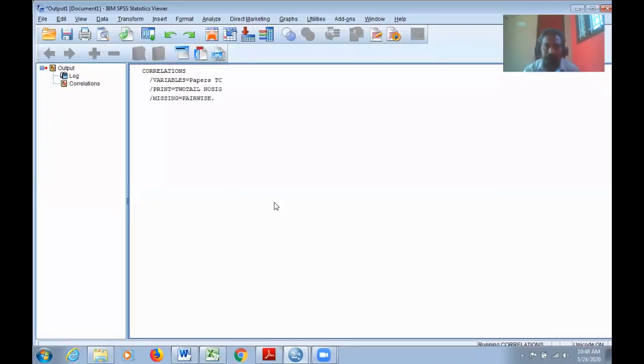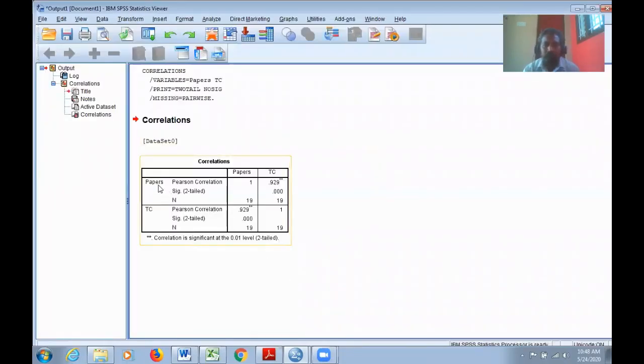So the result is here. It says that the correlation between papers and papers is 1. The correlation between papers and total citations is 0.929. See, 0.929 is a very good correlation. That means that there is a very good positive correlation between number of papers published and number of citations received, because the R value is 0.929.